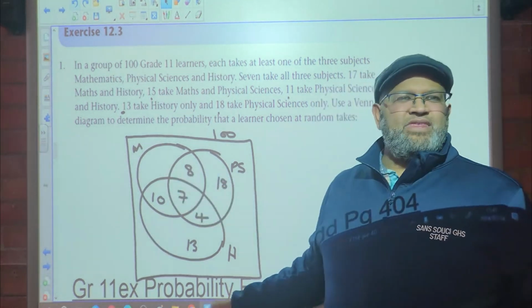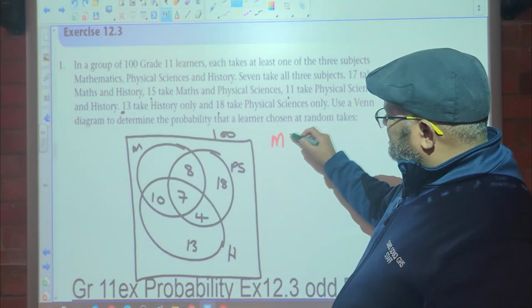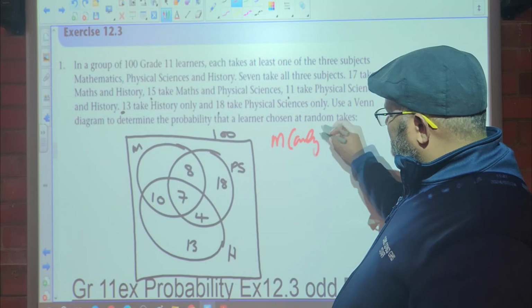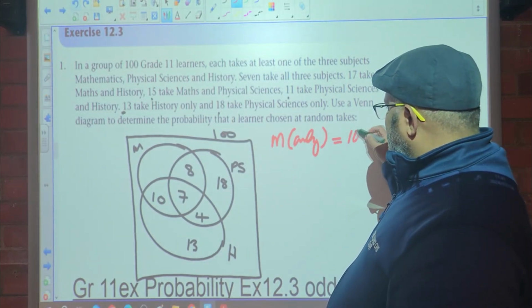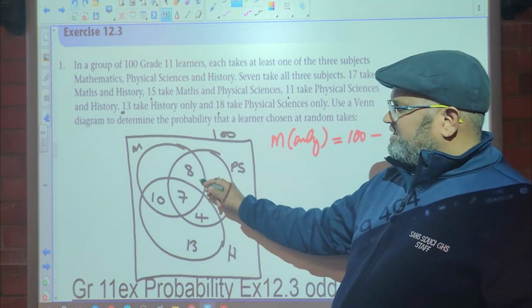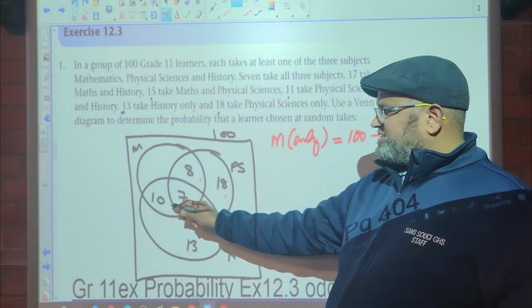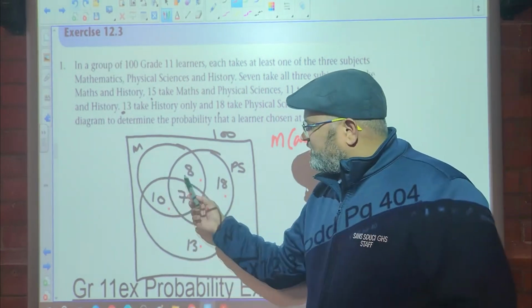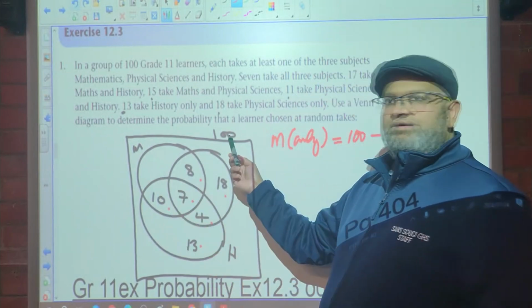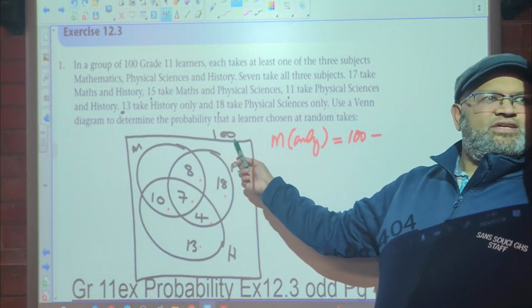So to calculate the mathematics only, M only, is simply going to be 100 minus 8 minus 18 minus 4 minus 7 minus 10 minus 13. Why? Because all these parts add up to 100. Can you see that?